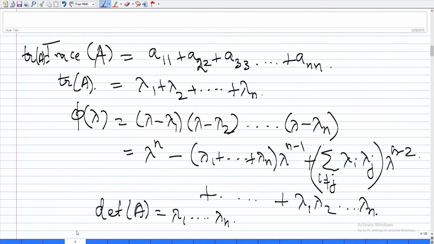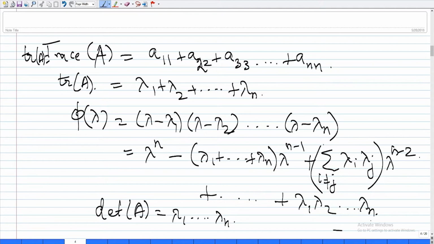Now I have this representation, and in this representation I am trying to connect the minors. That is how we can look at the entries and the eigenvalues, and their behavior. If you look at this, the coefficient of every lambda power k term is nothing but obtained from the determinant of the principal minors of that order.